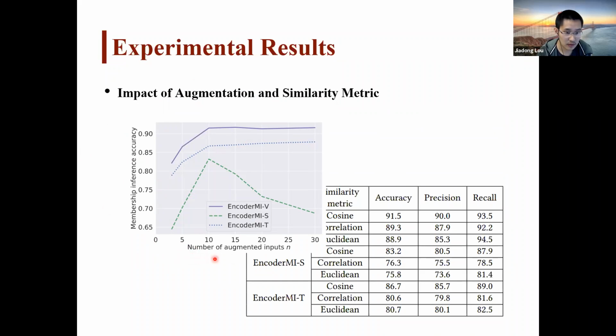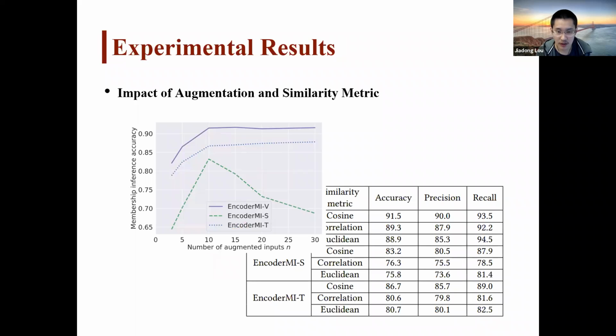with the increase of the augmented input, the vector-based and the threshold-based classifiers achieve better performance, but the set-based encoder classifier will get worse after a threshold.